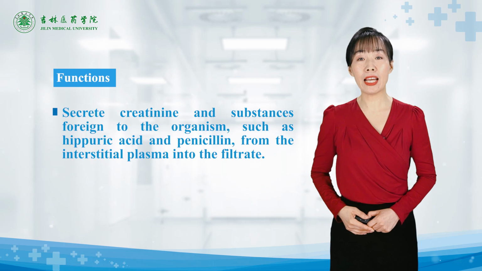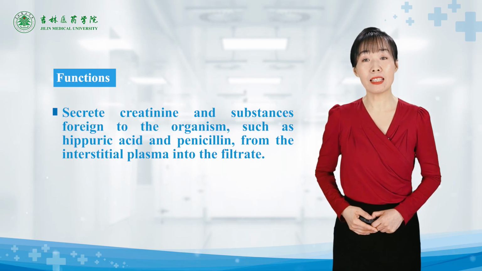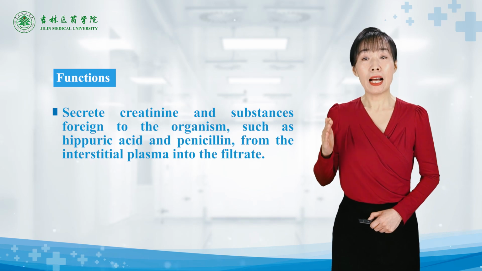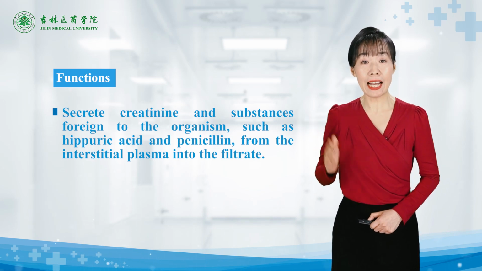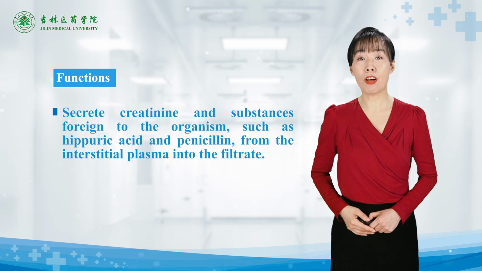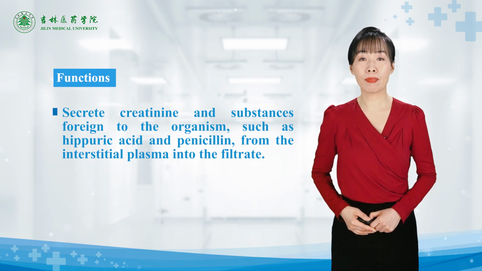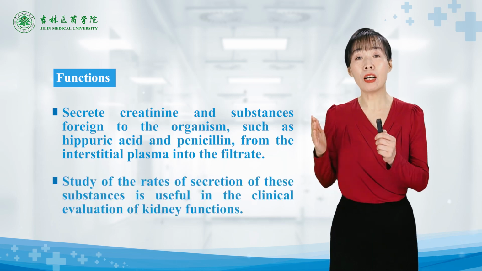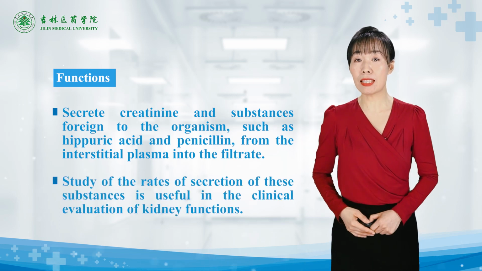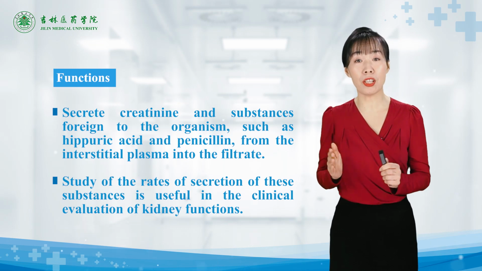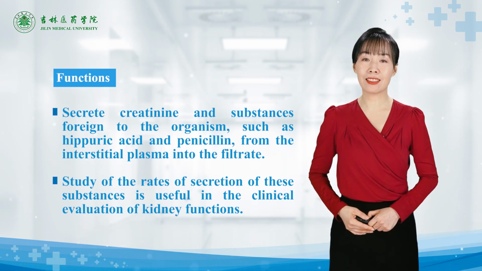It secretes creatinine and substances foreign to the organism, such as hippuric acid and penicillin, from the interstitial plasma into the filtrate. Study of the rate of secretion of these substances is useful in the clinical evaluation of kidney functions.